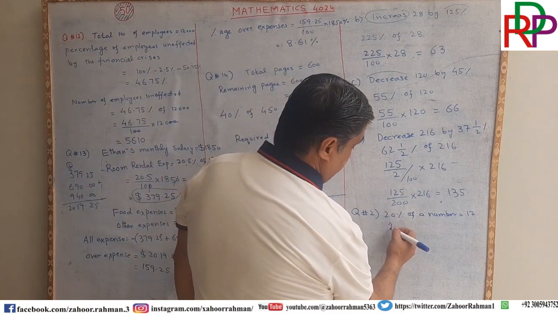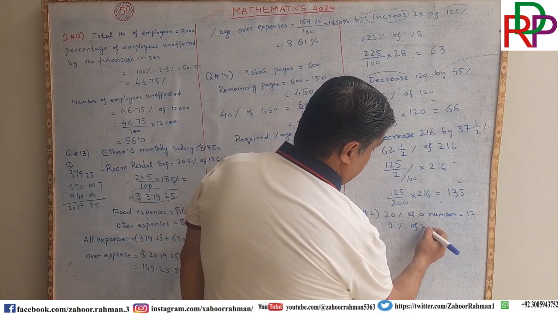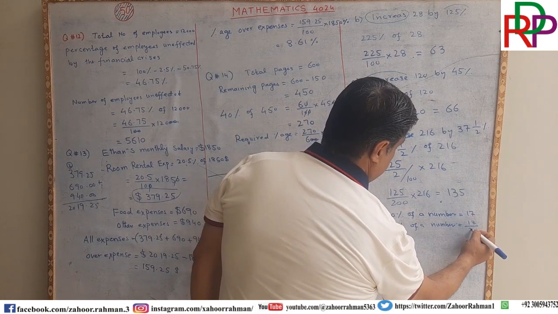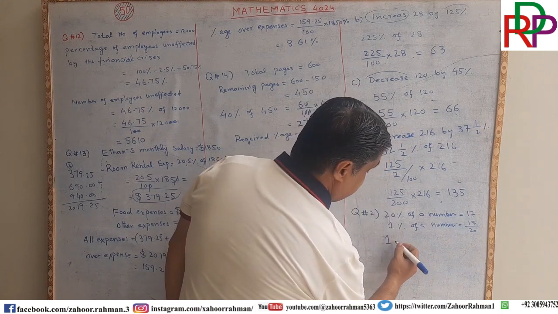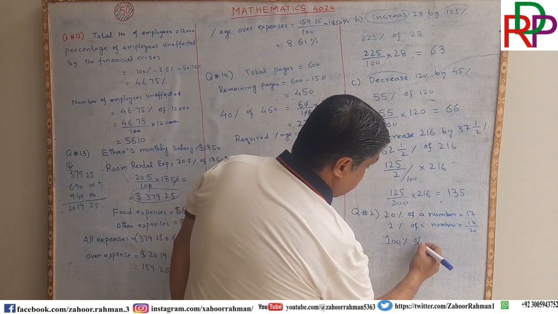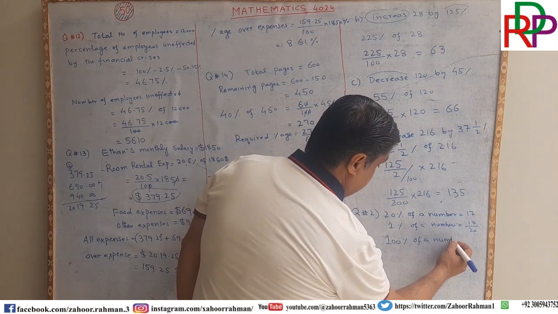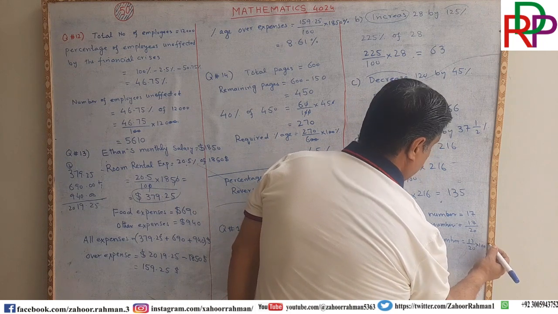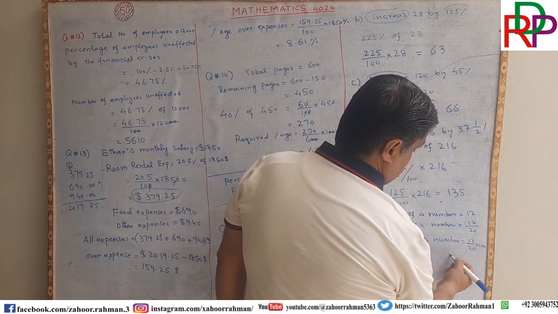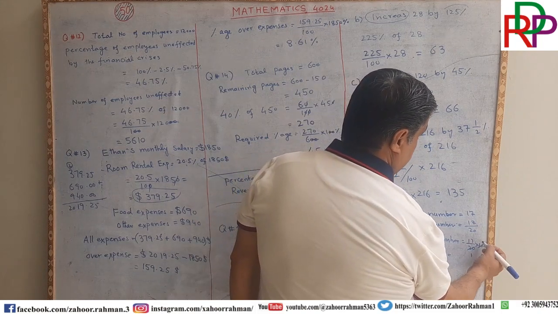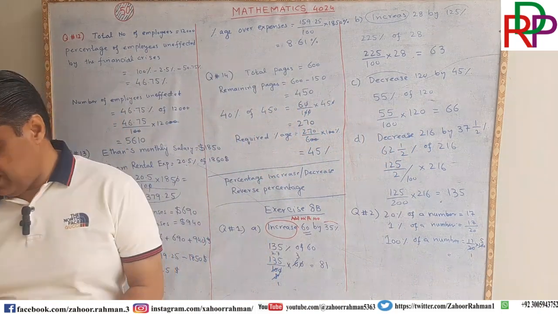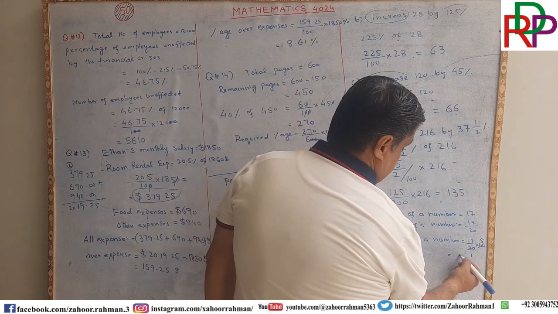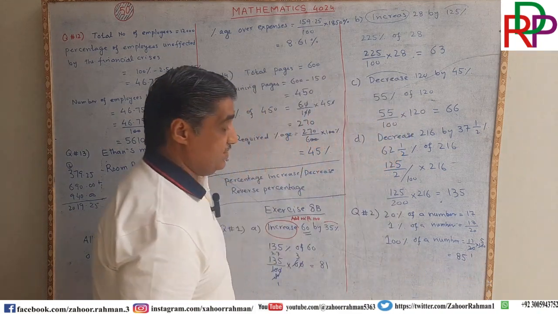So we have to find 1% of a number, which is equal to 17 divided by 20, and 100%, I told you, 100% is the original number. So for 100% of a number, we have to multiply it by 100. So 5 and 17, when multiplied by 5, will give you 85. Yes, correct. 85 is the original number.